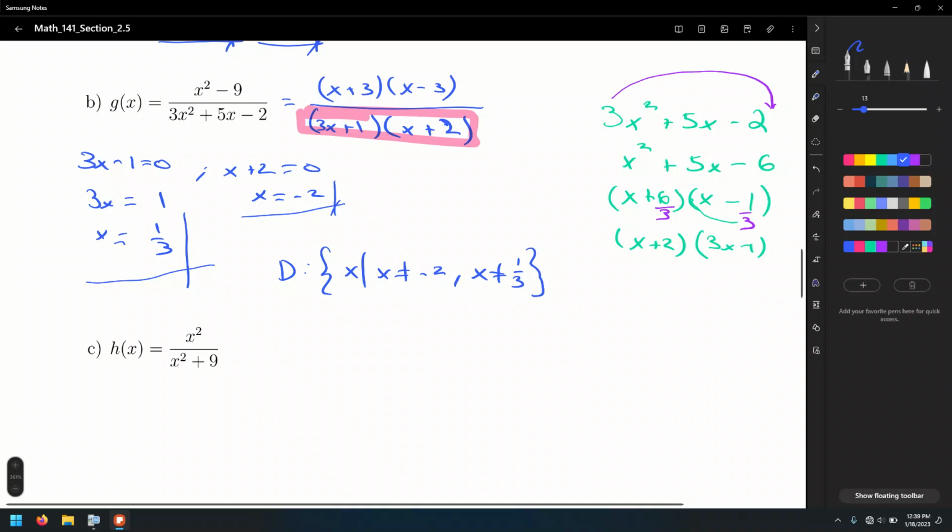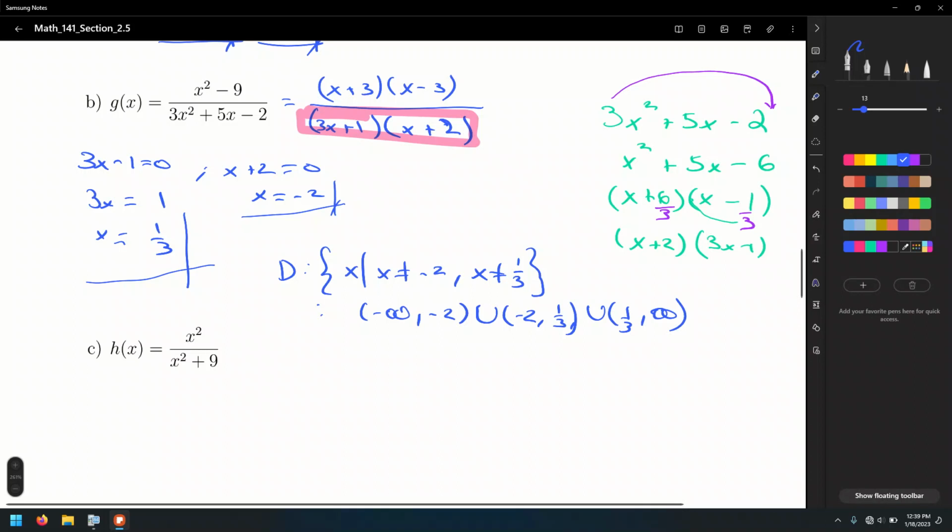That's the set builder notation, and in interval notation, in a similar way that we did before, this is negative infinity to negative 2, union negative 2 to negative 1/3, and union negative 1/3 to positive infinity, which corresponds to the open bubbles on the number line that represent the vertical asymptotes.